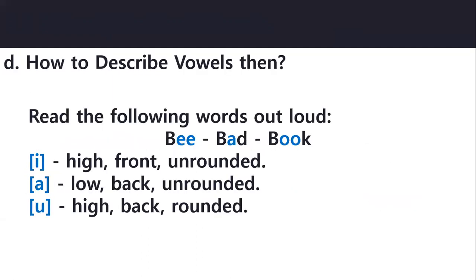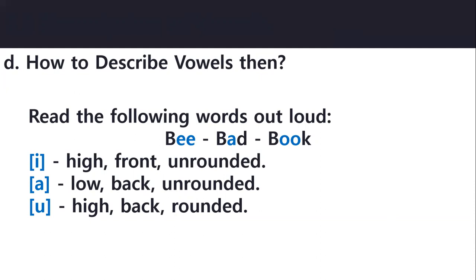Moving now to the description of vowels. We have be, bad, book. E in be is produced with the lips stretched and the front of the tongue in the highest and most forward position possible.